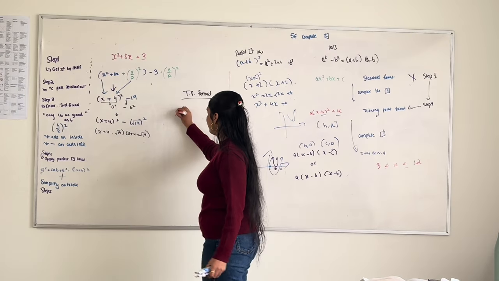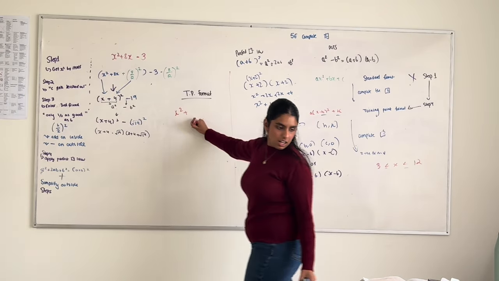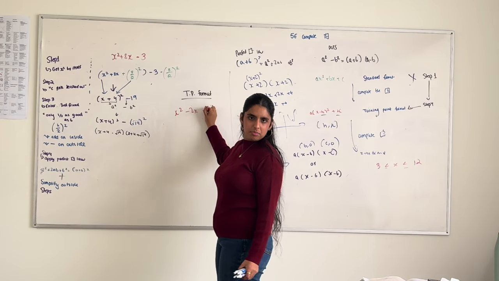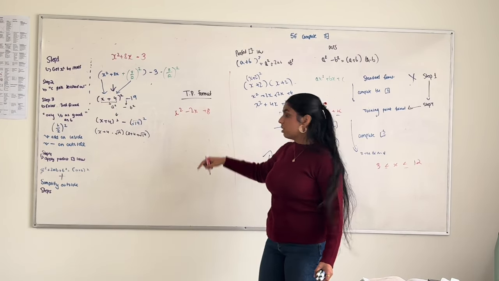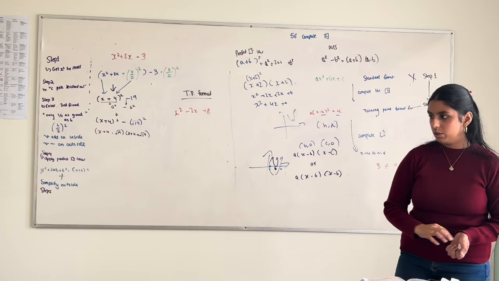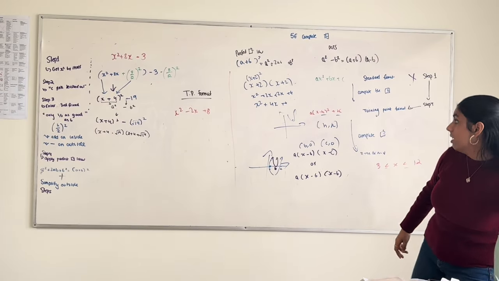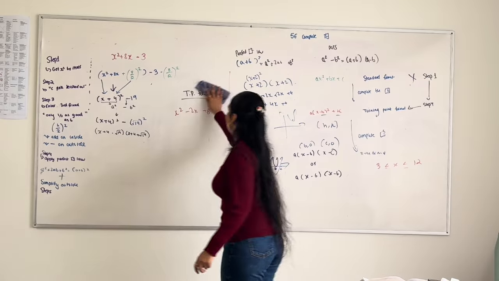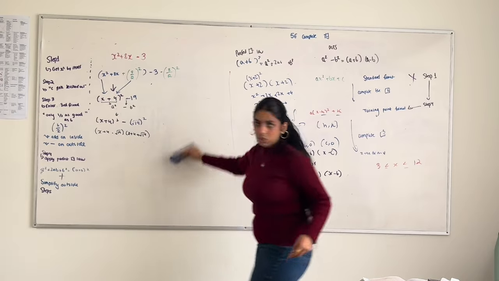X squared plus x squared minus 2x plus 8. Go guys, on your marks, get set, go. We solved that. Yeah, so do all the steps that we did. I'm gonna rub this out and trace it just like we did.